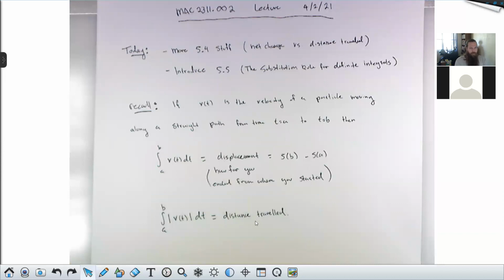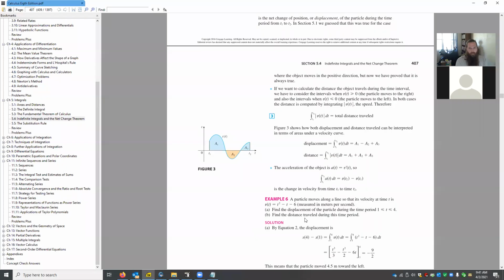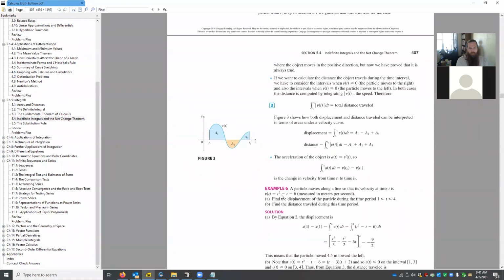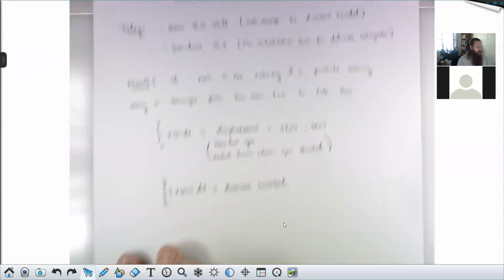So let's look at a concrete example. This is a good one. They tell me a particle is moving along a straight line so that its velocity at time t is t squared minus t minus 6. Find the displacement and find the distance traveled.